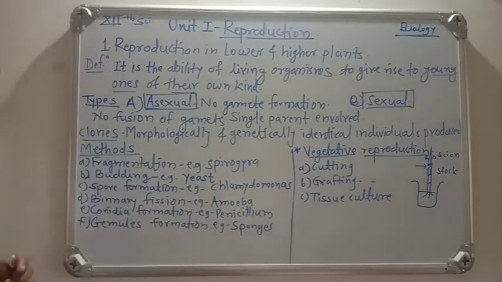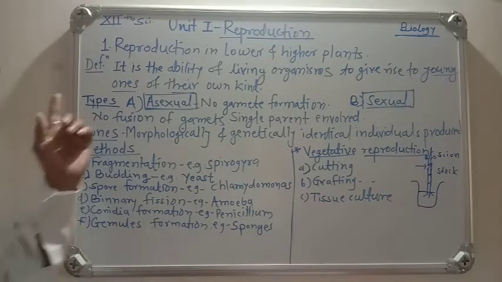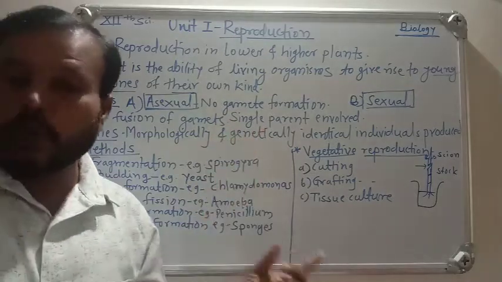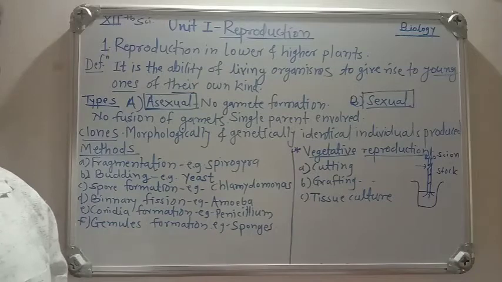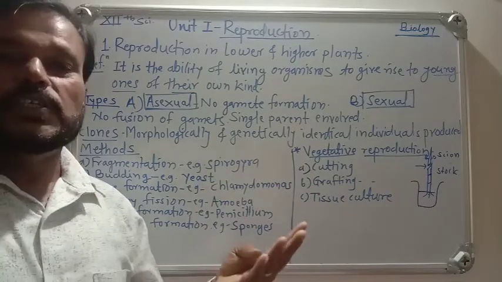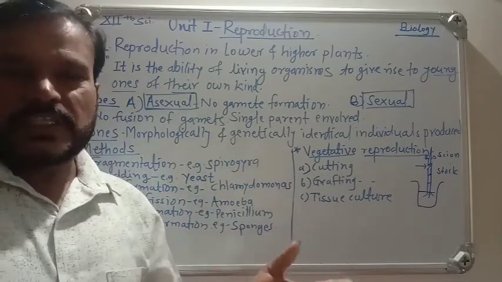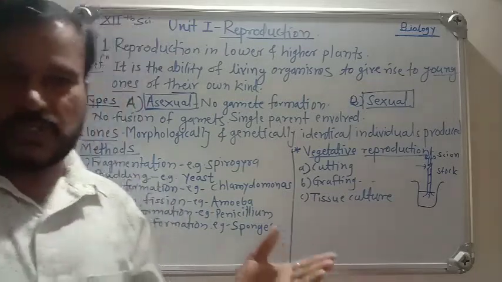Another question given in the textbook for your recalling is, how does vegetative propagation occur in nature? Vegetative propagation occurs in nature with the help of any vegetative part of the plant like root, stem, leaves. That is the answer to these questions.